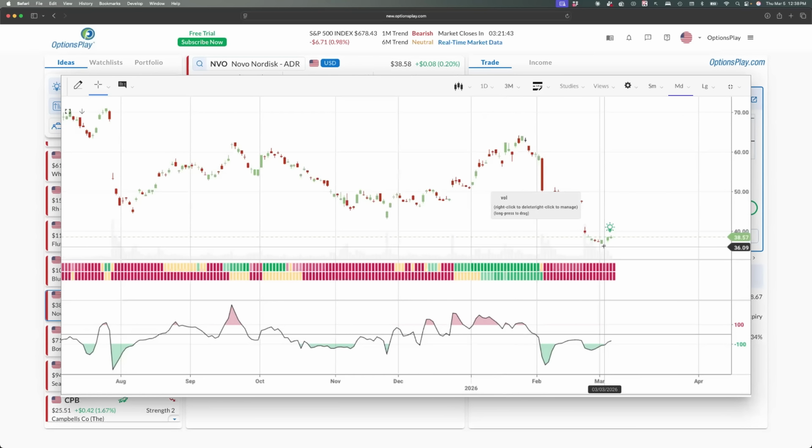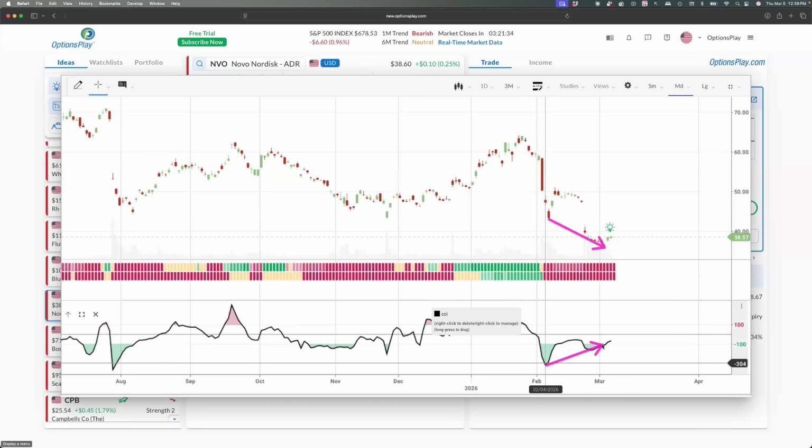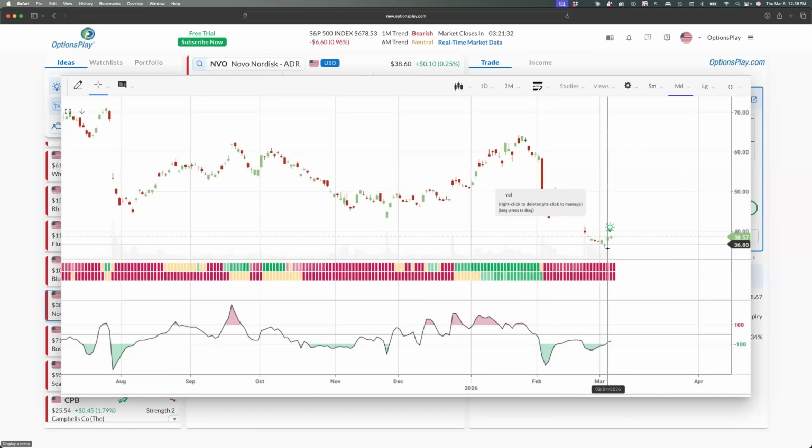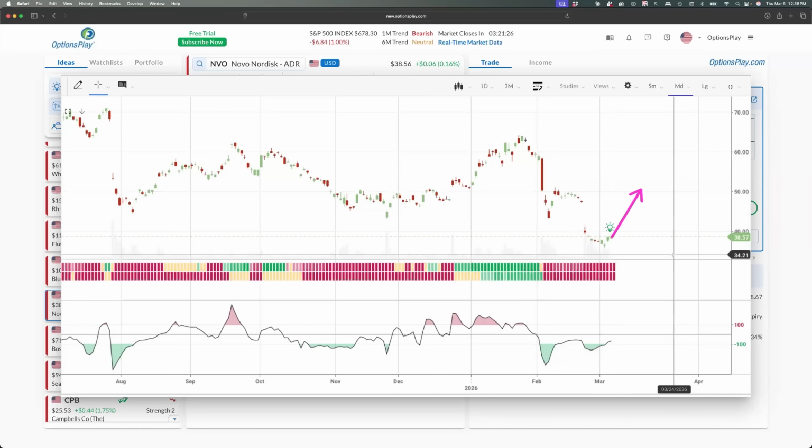And it's triggered this buy signal, a counter trend buy signal. And here you go, you've got that classic setup. We're not quite at the bottom, we're just two candles away from the bottom. And I think this is potentially a prime setup for a move higher.